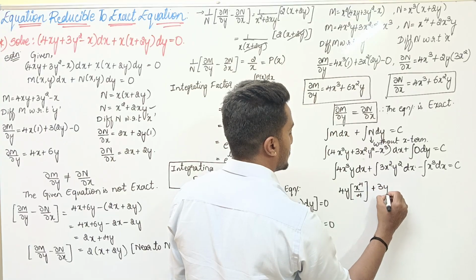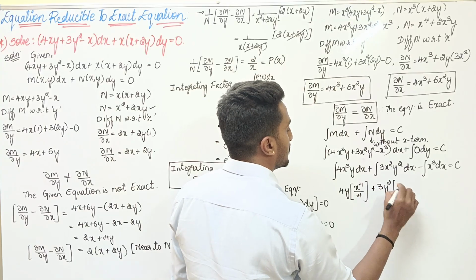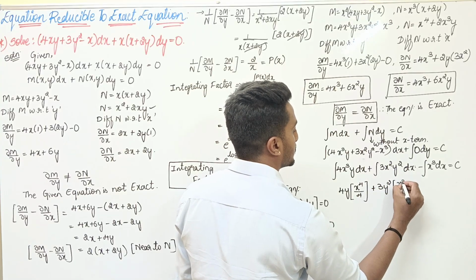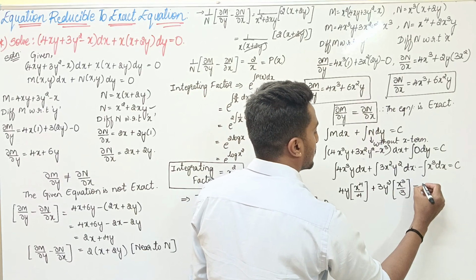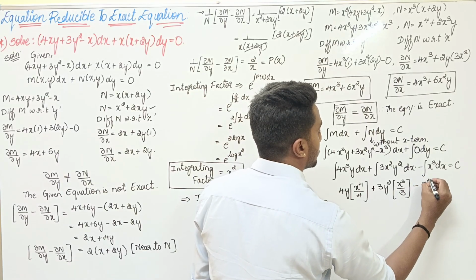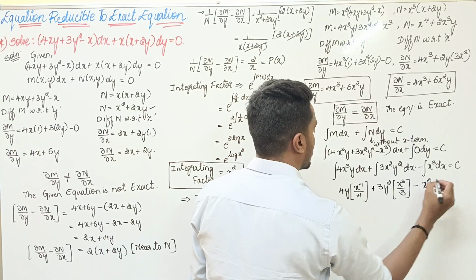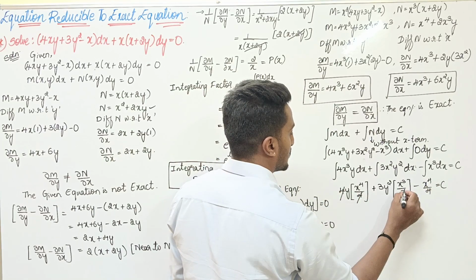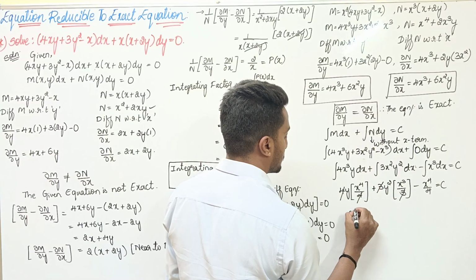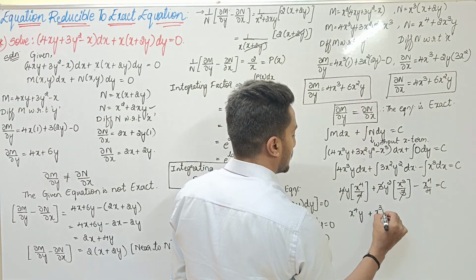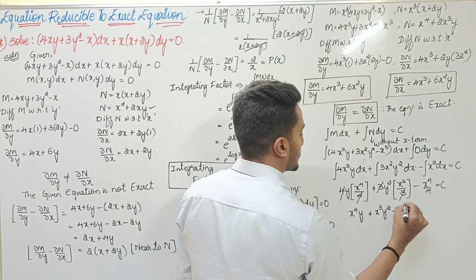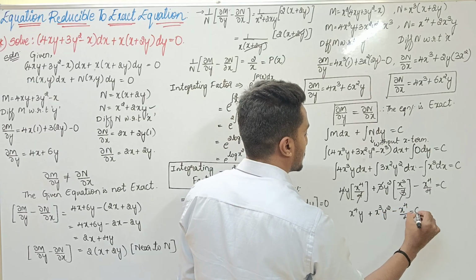Similarly 3y square remains constant, integration of x square is x cube by 3, minus integration of x cube, which is x power 4 by 4, equal to c. 4 ones are 4, 3 ones are 3, we get x power 4 y plus x cube y square minus x power 4 by 4 equal to c.